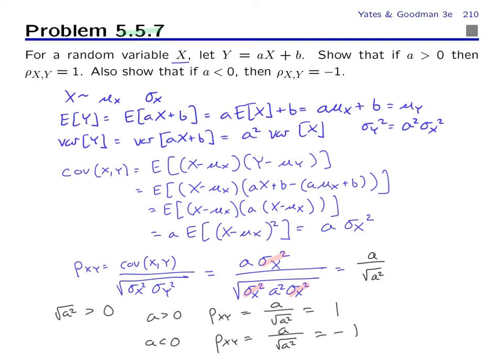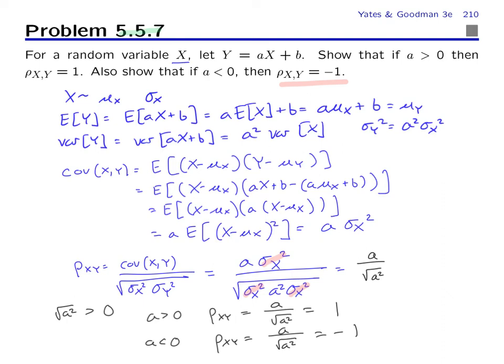So this algebra is kind of messy, but the point that we're making here is important, and that's if the correlation coefficient has magnitude equal to 1, then the two random variables X and Y aren't really two different random variables. It means that one of the random variables, in this case Y, is really just X expressed in some other units.